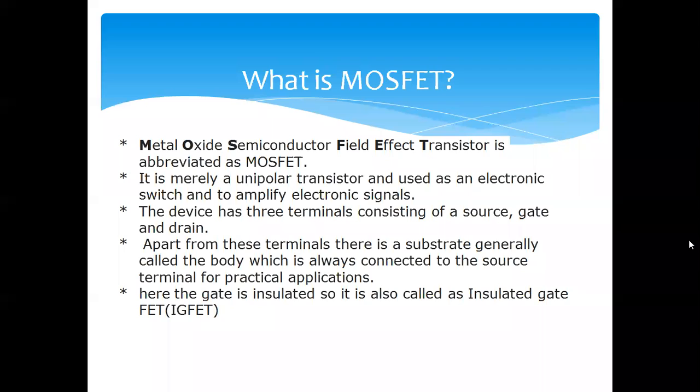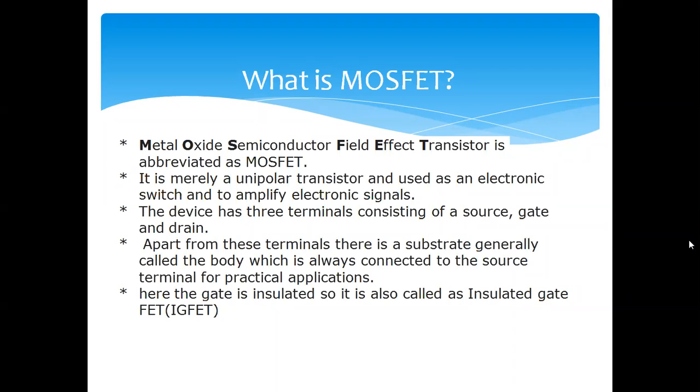Okay, so BJT stands for bipolar junction transistor. MOSFET stands for metal oxide semiconductor field effect transistor. Now, as the name indicates, BJT, bipolar means what? It's a bipolar device. MOSFET is a unipolar device.